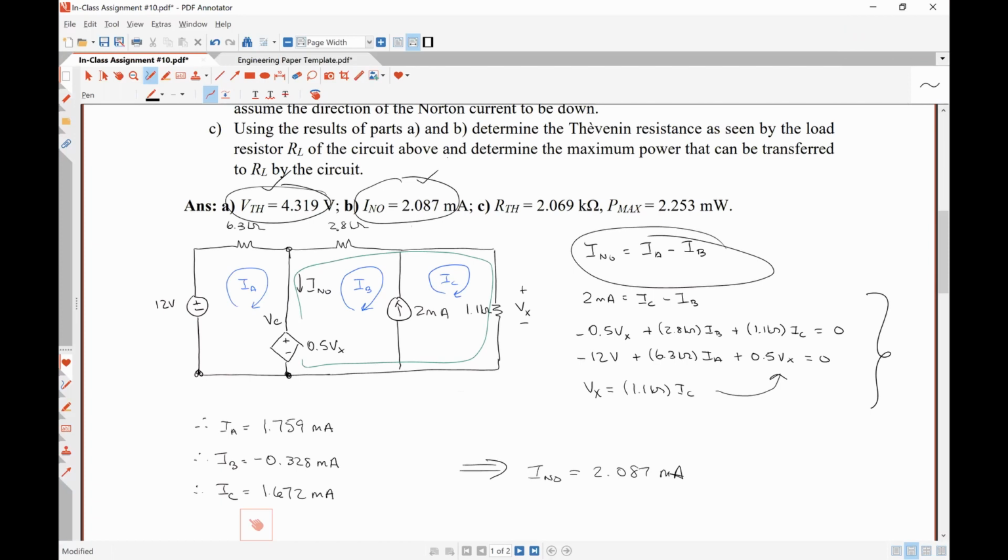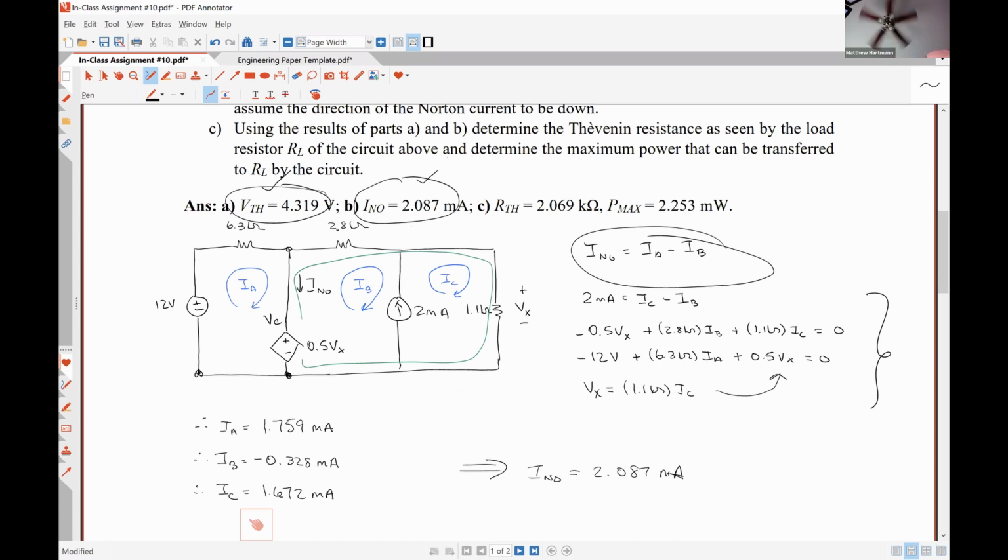The Thevenin voltage divided by Norton current. Right. So for any problem that contains a dependent source, if it contains independent and dependent sources, it's probably easiest to simply take the ratio of the Thevenin voltage divided by the Norton current to determine the Thevenin resistance.